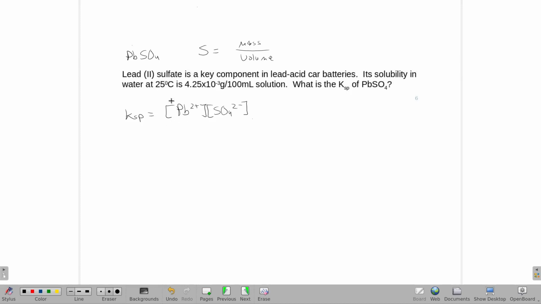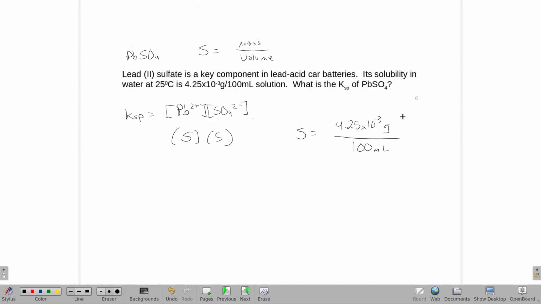Because technically, for every lead sulfate that dissolves, there is a lead and there is a sulfate. So we just need to take that S value and square it, but we're going to need to turn that S into molarity first.